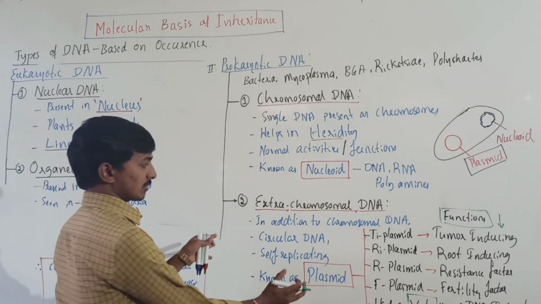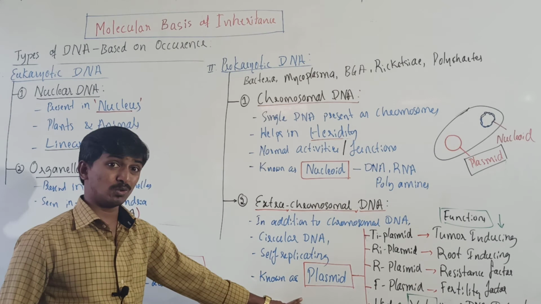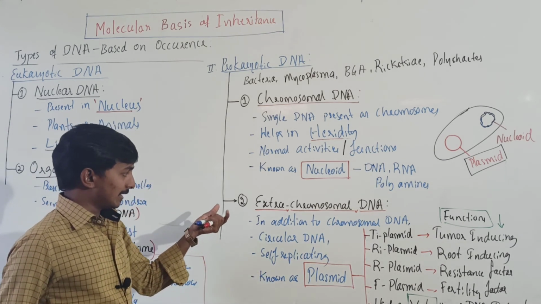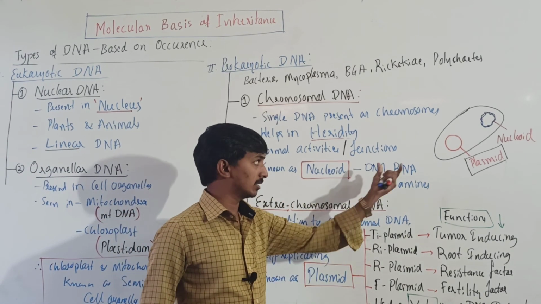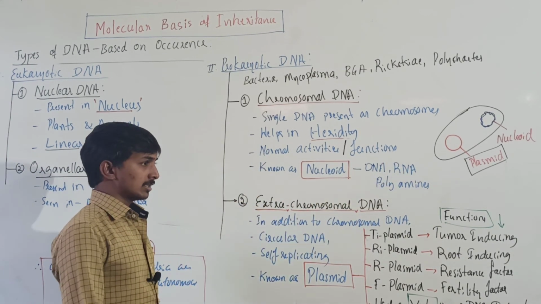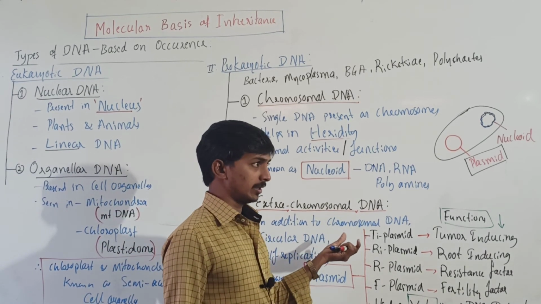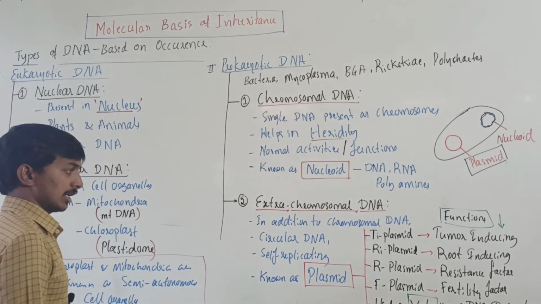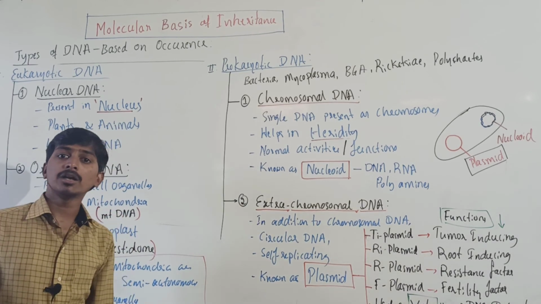So this is the extra chromosomal DNA known as plasmid. You may have one more question, what is a plasmid? The answer would be the self-replicating extra chromosomal DNA present in the prokaryotes, or circular self-replicating extra chromosomal DNA, known as a plasmid, which helps the bacteria whenever the conditions are unfavorable.